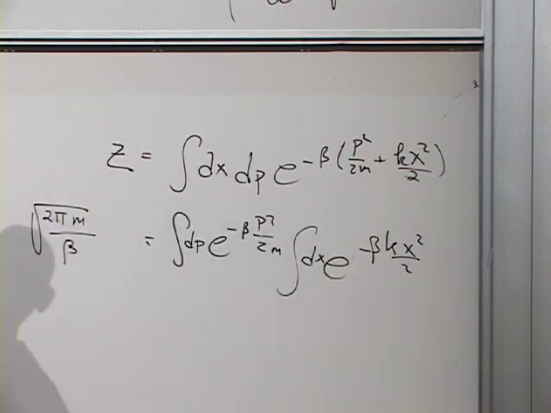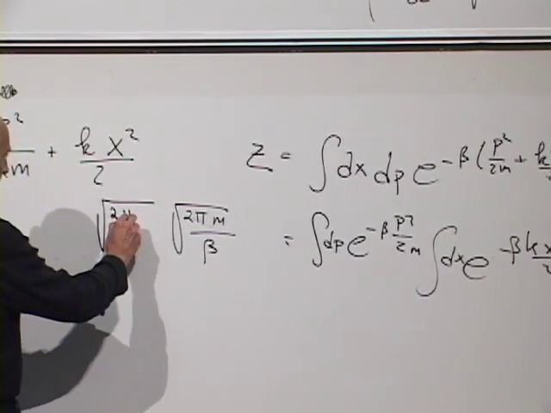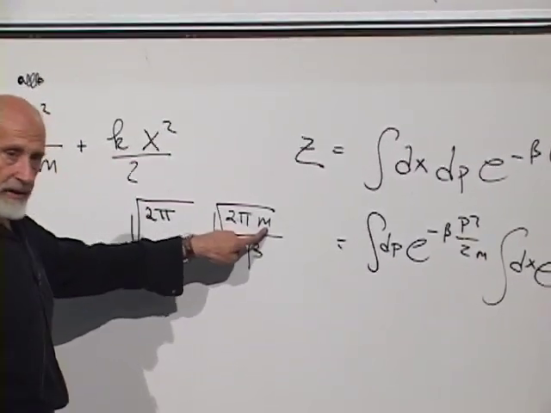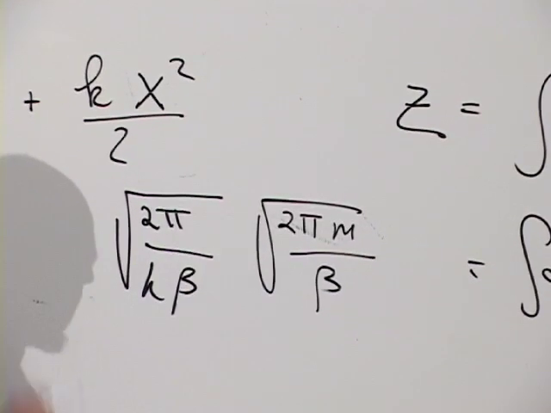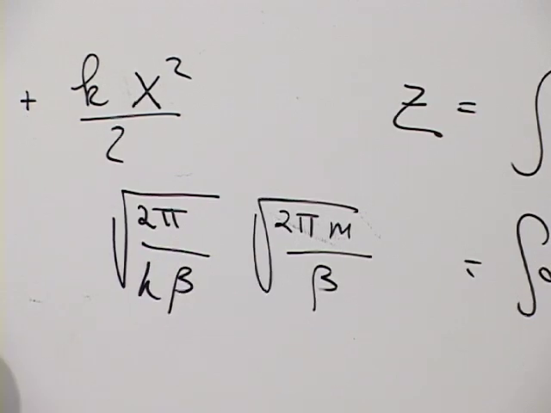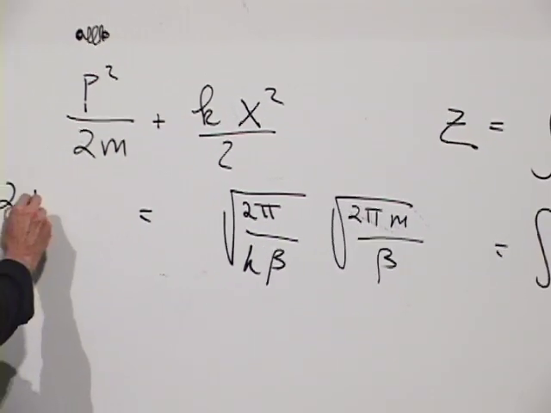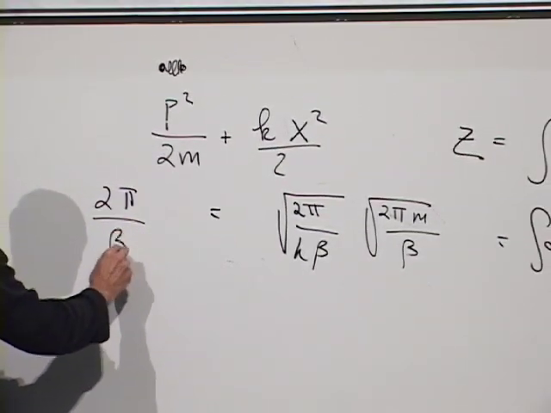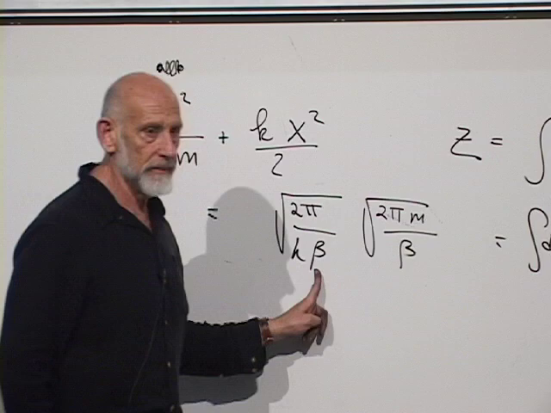So I can immediately read off that the answer is 2 pi, and instead of m in the numerator, we'll have k in the denominator. And that's it. That's the partition function for one harmonic oscillator. And that altogether is equal to 2 pi over beta times square root of m over k.